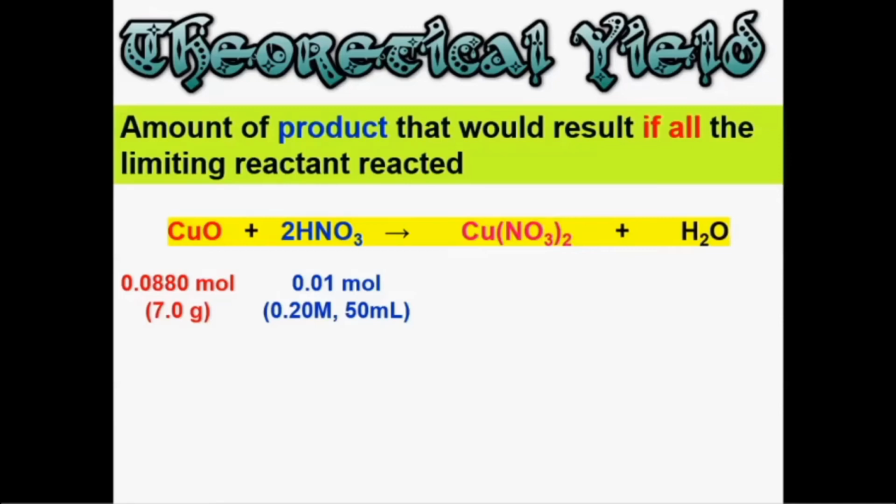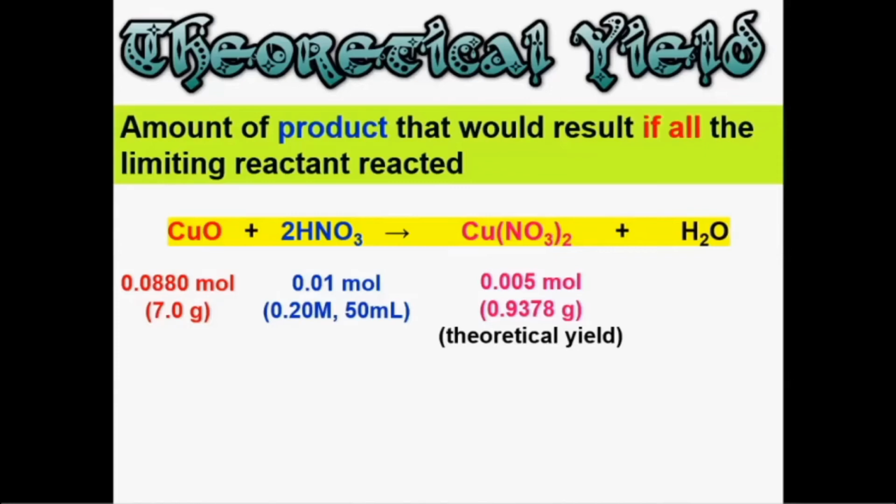So if the mole of nitric acid in this reaction is 0.01 mole, theoretically we are going to get 0.005 moles of copper II nitrate, or in the form of mass, 0.9378 grams of copper II nitrate produced in this reaction.